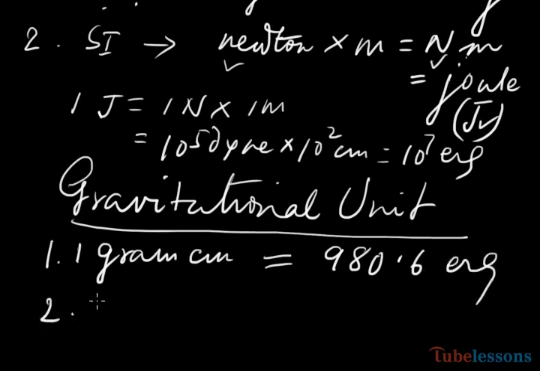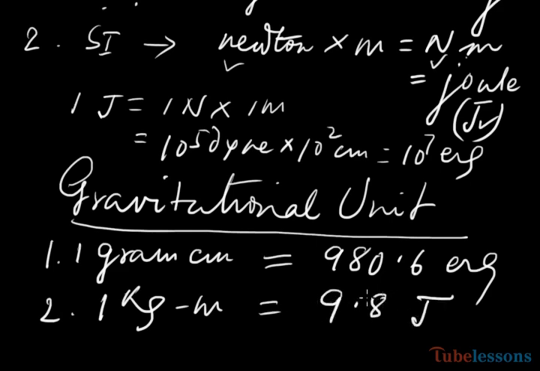And in SI it is kg meter. 1 kg meter equals 9.8 joule. So these are the gravitational units, gram centimeter and kg meter.